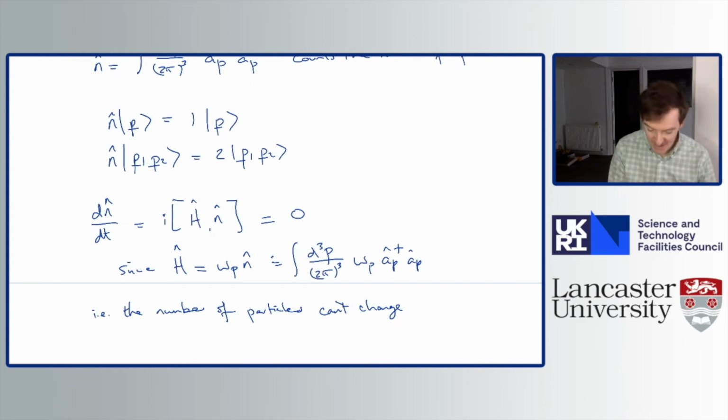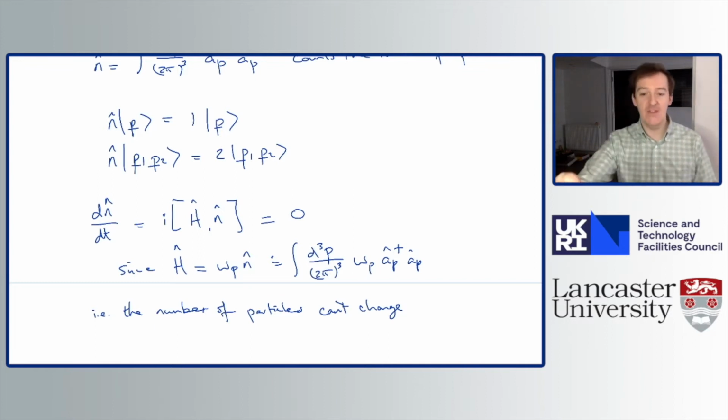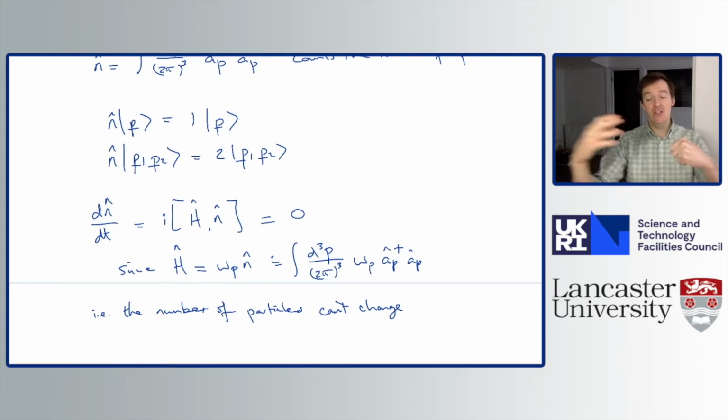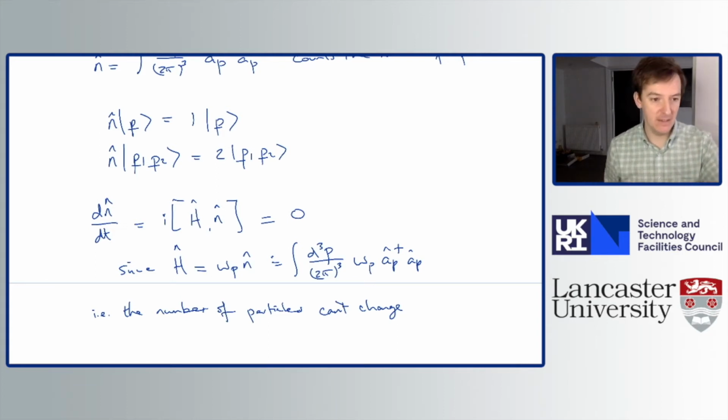So clearly, in the types of theories we want to describe in the real world, we do want numbers of particles to change. Another example would be the Higgs. So the Higgs is a scalar particle, so maybe that's a better choice. If I take the Higgs, I know that it can change into 2 photons through a decay mechanism. But in the formalism we have so far, that's not possible. So this is why we have to go beyond what we have done before.